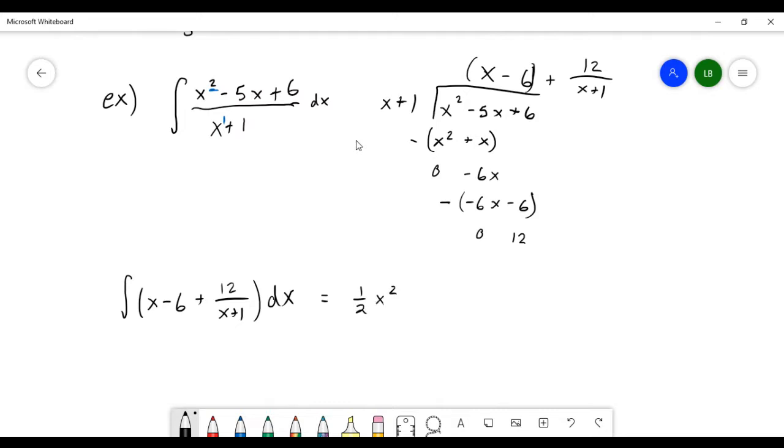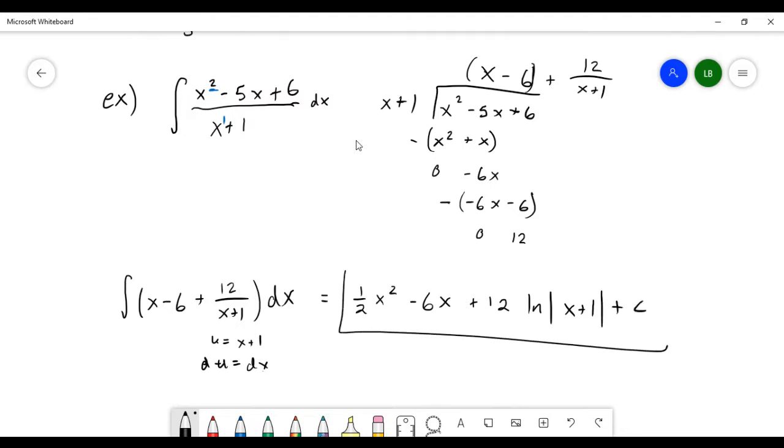We know the integral of negative 6 is negative 6x, and this 12 over x plus 1 actually comes out to be a natural log. We can let u equal x plus 1, du equals dx. Regardless, we come out with 12 times the natural log of x plus 1 plus c as our answer. That makes sense?